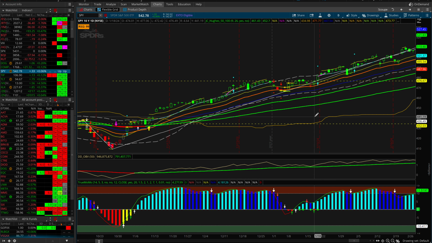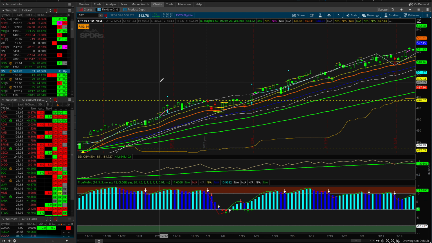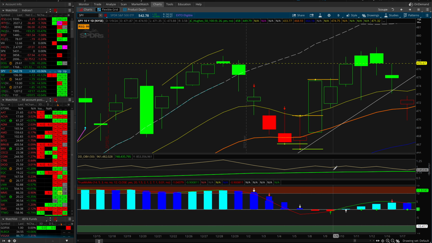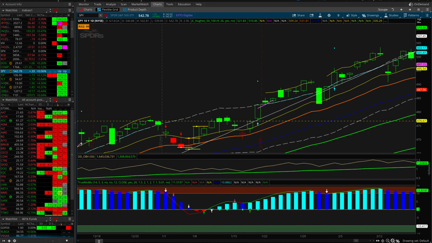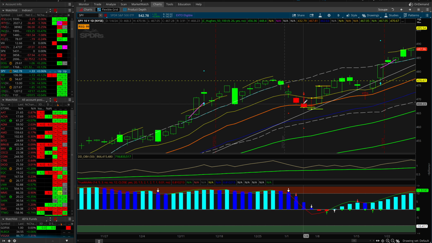Or, anytime when you're coming down into these lines and you cross over the 21 to the downside, and I happen to note that a lot of times there's a fake out crossover to the downside, so I actually counted on 2 bars.